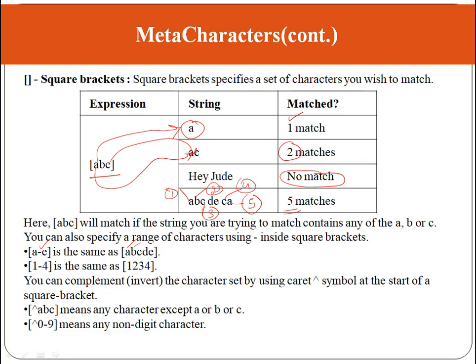You can also complement, that is, invert the character set by using the caret symbol at the start of a square bracket. Here you can see the example a b c with a caret, which negates the effect, meaning any character except a or b or c. 0 to 9 with a caret means any non-digit character, because 0 to 9 covers the digits, so it is a non-digit character.